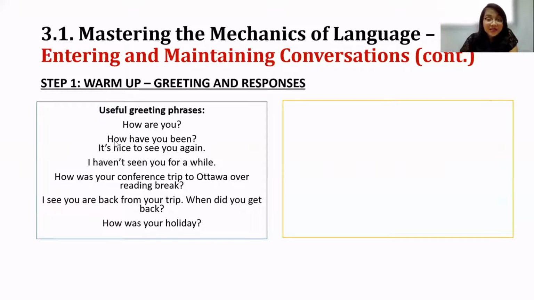How was your holiday? For this expression, it's not necessary that you already know the person. Maybe the conference you are attending is held right after summer break or spring break, and you can use this kind of question to greet someone that you want to have a small talk with.